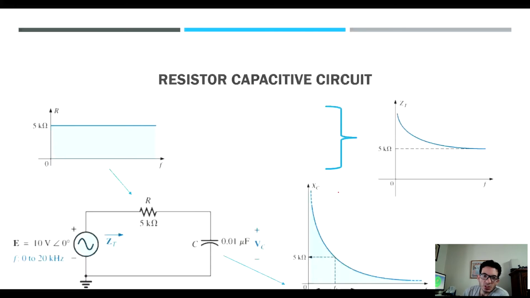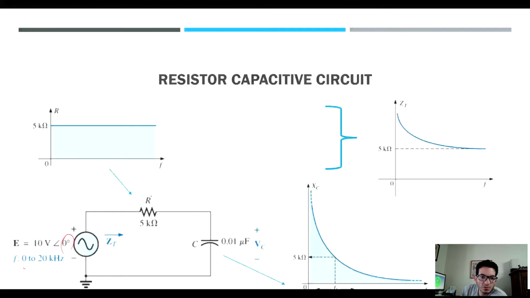So when we start looking at circuits with just RC, or resistor and capacitors, we're going to look at the same thing. So for example, we have a source that is 10 volts in amplitude or magnitude, but then we're going to vary the source from 0 to 20 kilohertz, and there's no offset, 0 degrees phase shift.